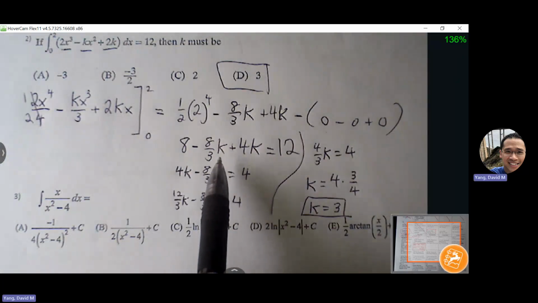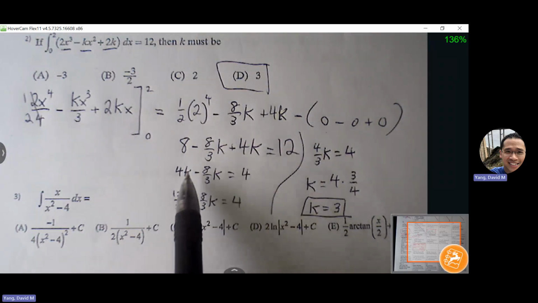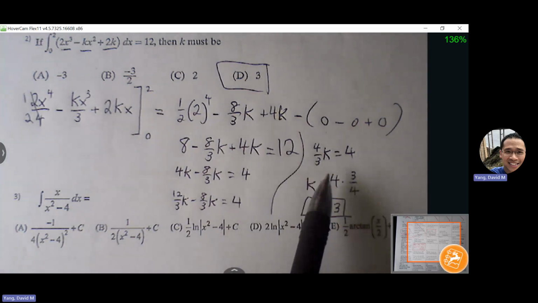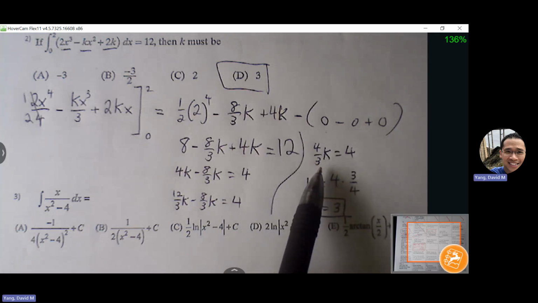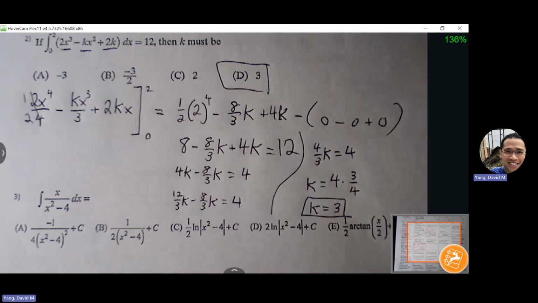Okay, so combine like terms here. I know I got to do common denominator, so I made that 4k into 12 over 3 to match common denominator. 12 minus 8 is 4. 4/3 k equals 4. Dividing by 4/3, same thing as multiplying by the reciprocal. 4 and 4 cancels out. K equals 3.